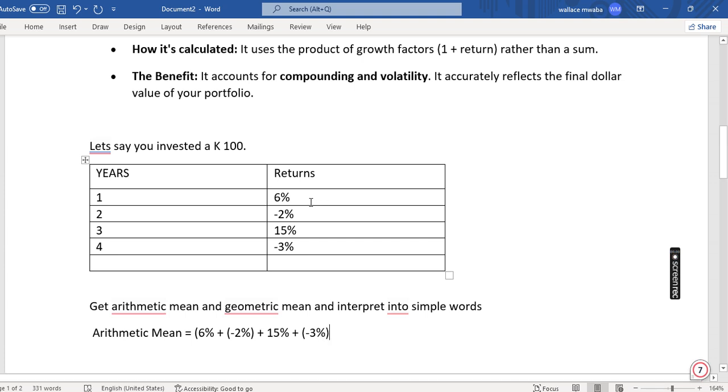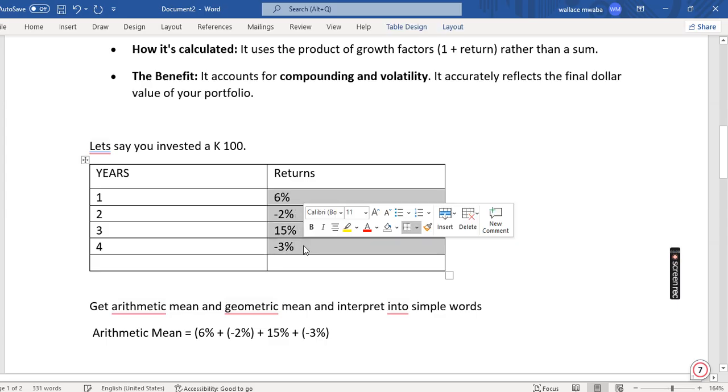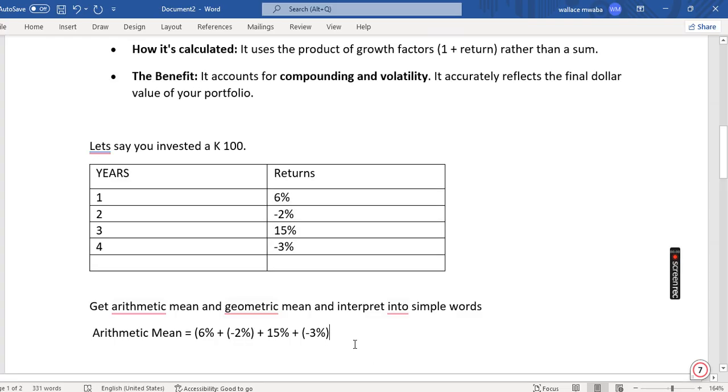The arithmetic mean is not taking into account that our return dropped, then rose, then dropped again. It's just treating each year's return as independent. They have no relation to each other. And then we divide by 4.